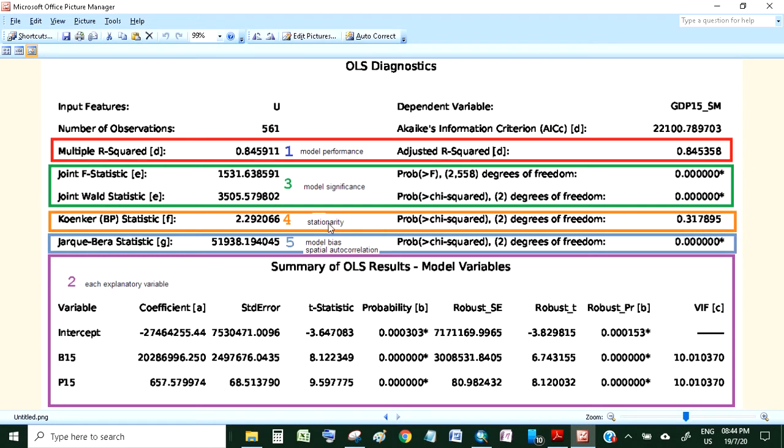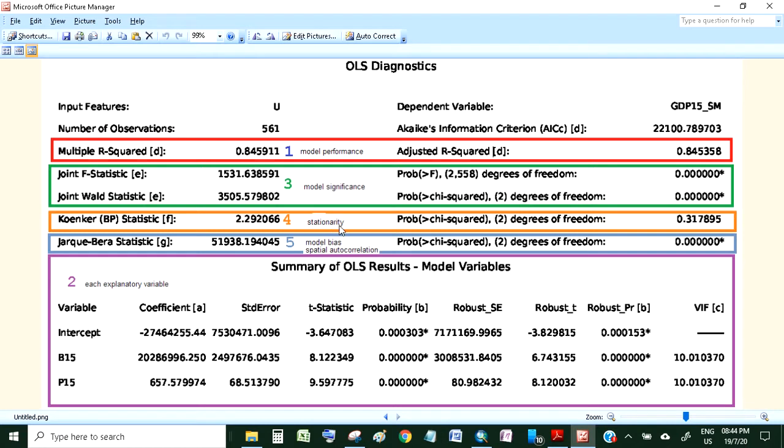The null hypothesis of this test is that the model is stationary. Here there is no symbol, so we cannot reject this null hypothesis. We have to accept it, and we say that in this test the model is stationary.